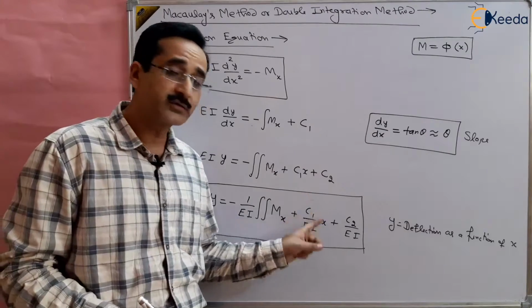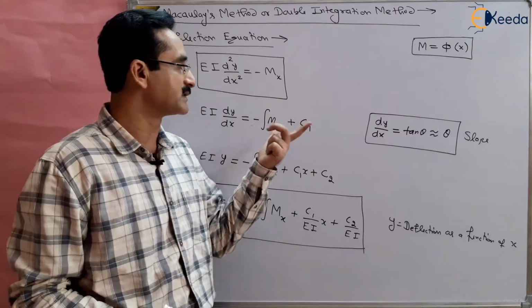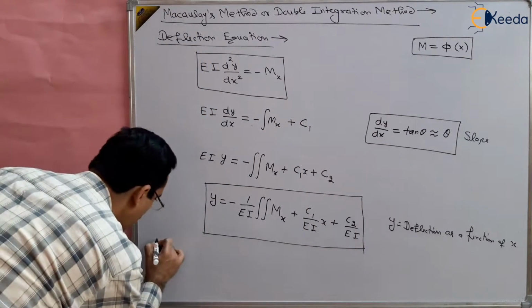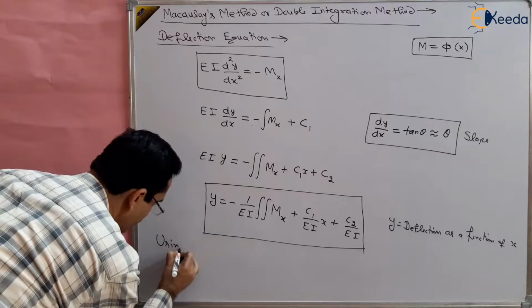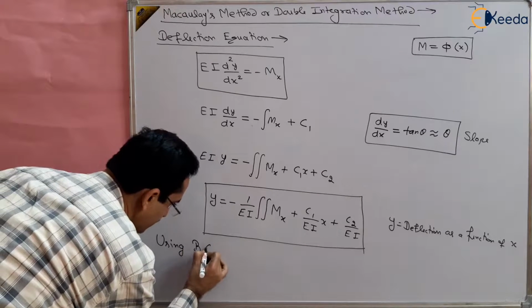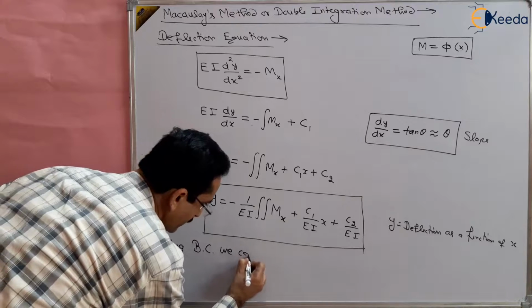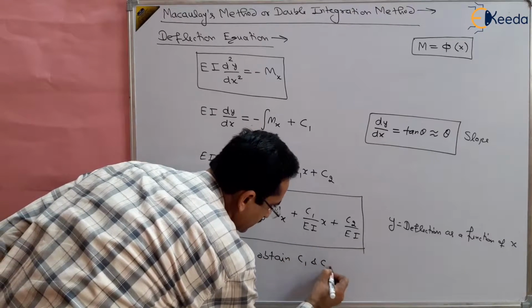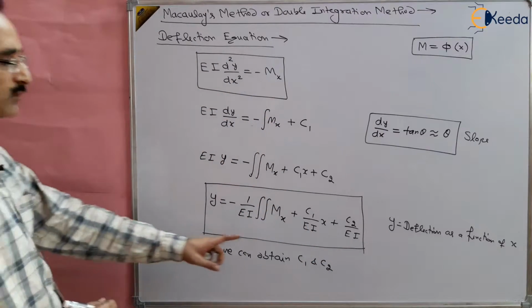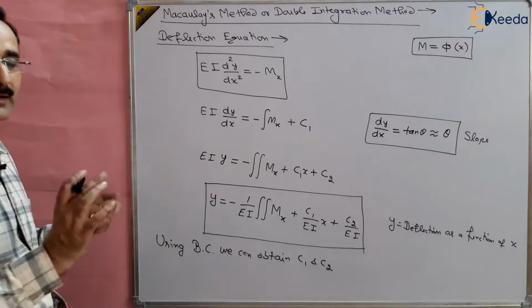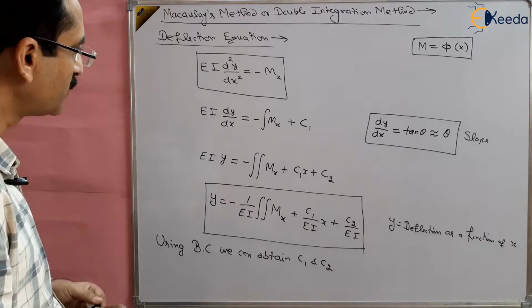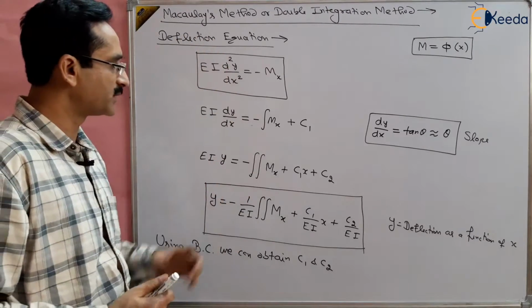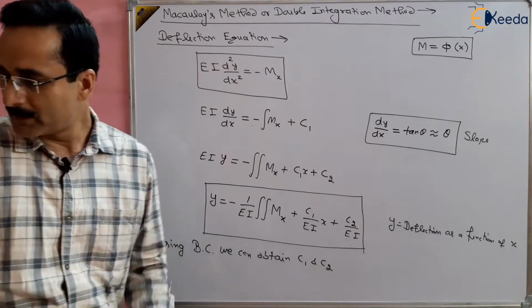And how to find out c1 and c2? Using the boundary conditions, right? So this is the Macaulay's method or double integration method, right?